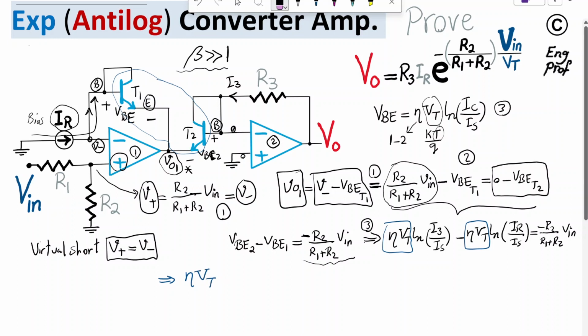equal times natural logarithm I3 over IS minus ln IR over IS, which effectively just become natural logarithm of I3 over IR, and the nice thing is IS cancels out and we get rid of that saturation current that is heavily function of temperature, so we get rid of that level of temperature dependency, equal to negative R2 over R1 plus R2 times Vn.